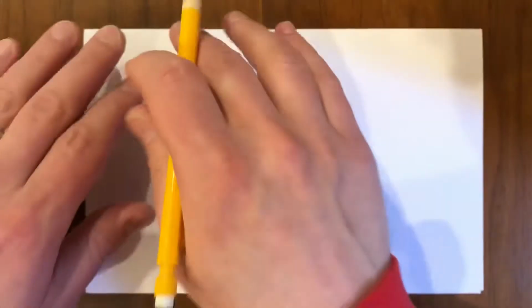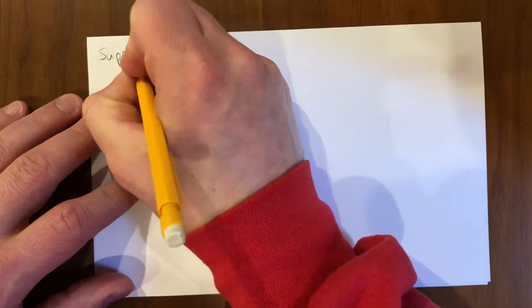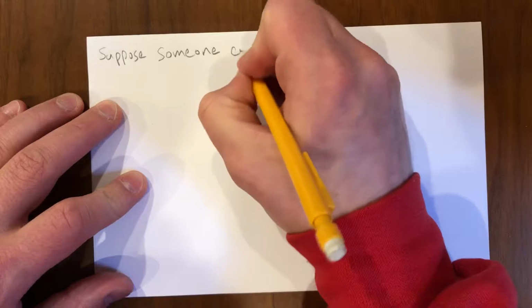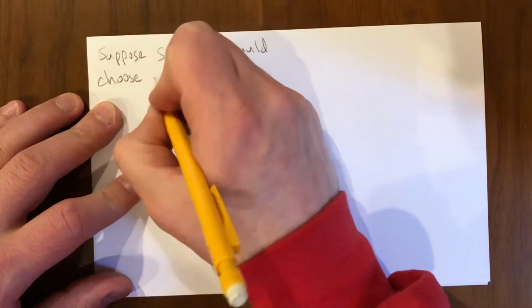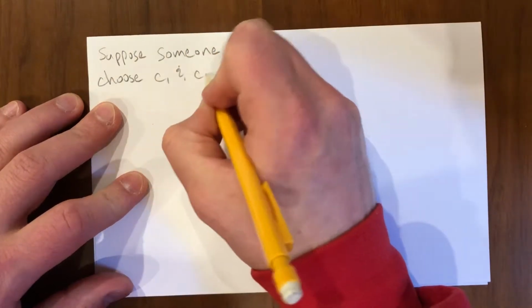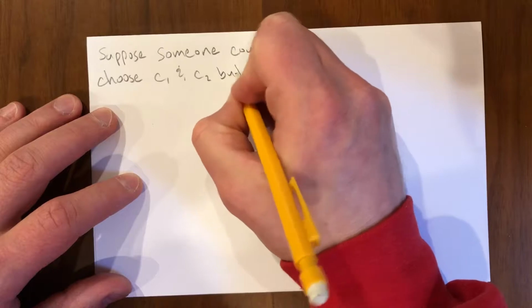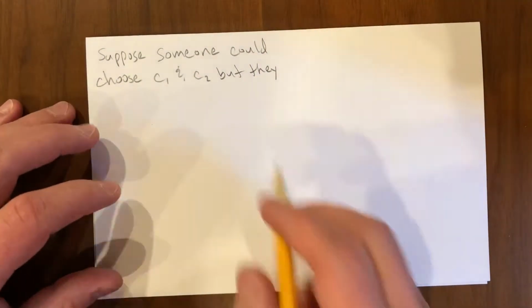So here's what we're going to do. Suppose someone could choose C1 and C2, but they were limited, and this is going to look really familiar, hopefully.